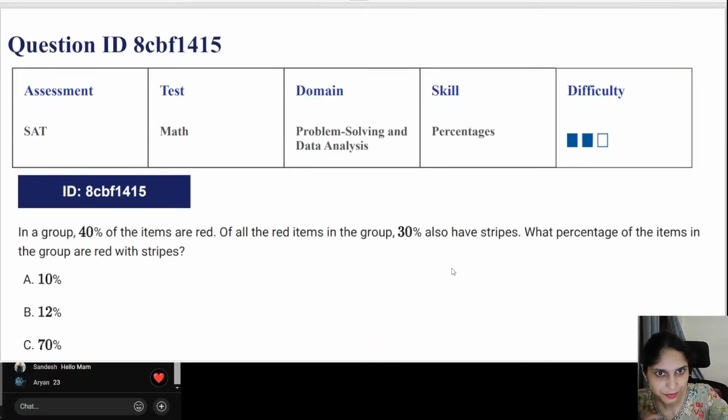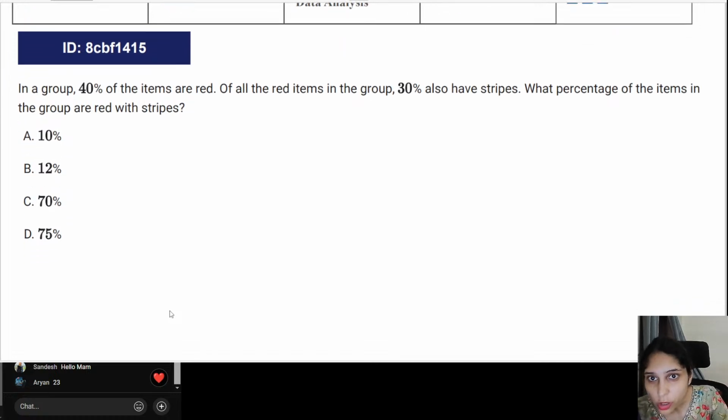Question 25. In a group, 40% of the items are red. Of all the red items in the group, 30% also have stripes. What percentage of items in the group are red with stripes? 40% of the items are red, so red is going to be 40% of X, because we do not know how many total items there are, right?